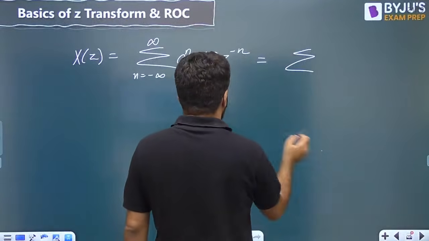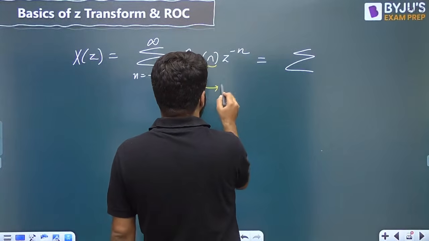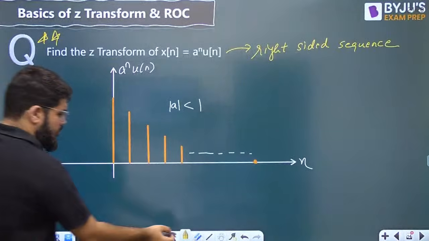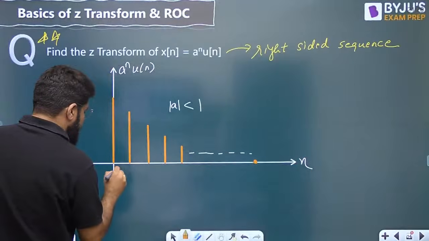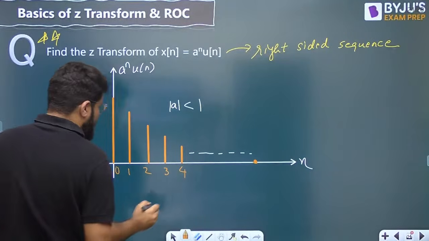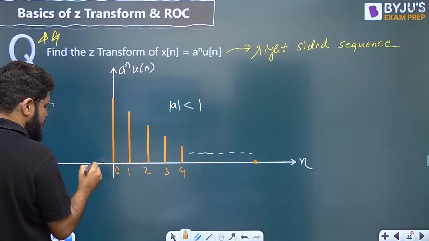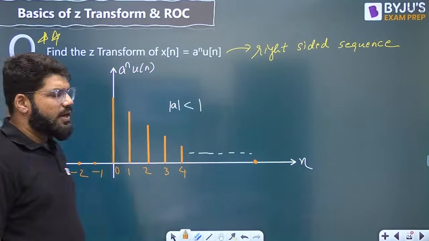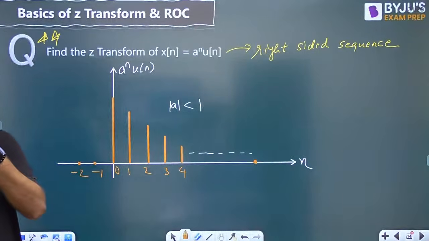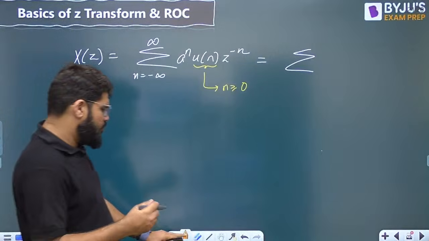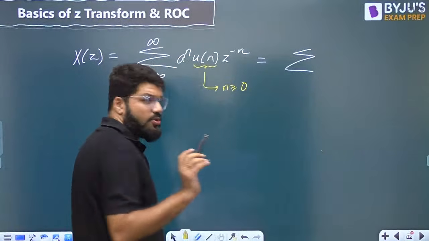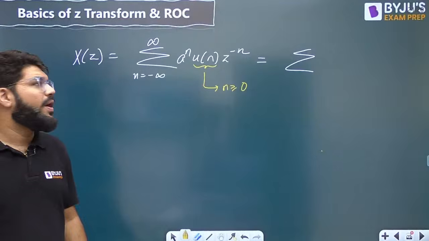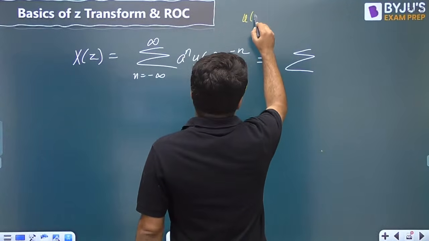Now guys, the unit step is involved. The graph also very clearly tells you that the signal is right-sided, starting from the origin. So the limit has to start from 0, because there is nothing at minus 1, nothing at minus 2. Even if you don't sketch the graph, if u[n] is involved, u[n] equals 1 only for n greater than or equal to 0.